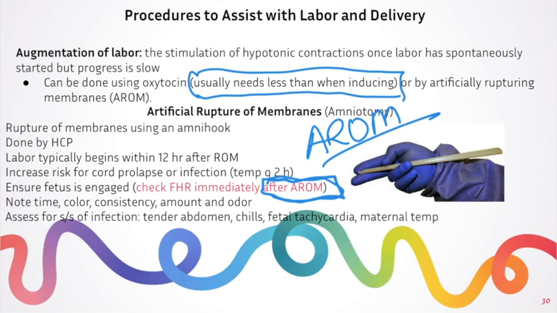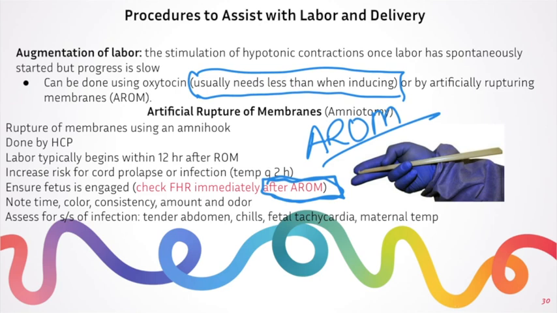Something I want to throw in here, I think it's probably somewhere else too, but once somebody's water breaks, regardless if it's an artificial rupture or a spontaneous rupture, a clock starts. What that means is that we don't want them to be pregnant forever with ruptured membranes because there's an increased risk of a fever, of an infection, right?